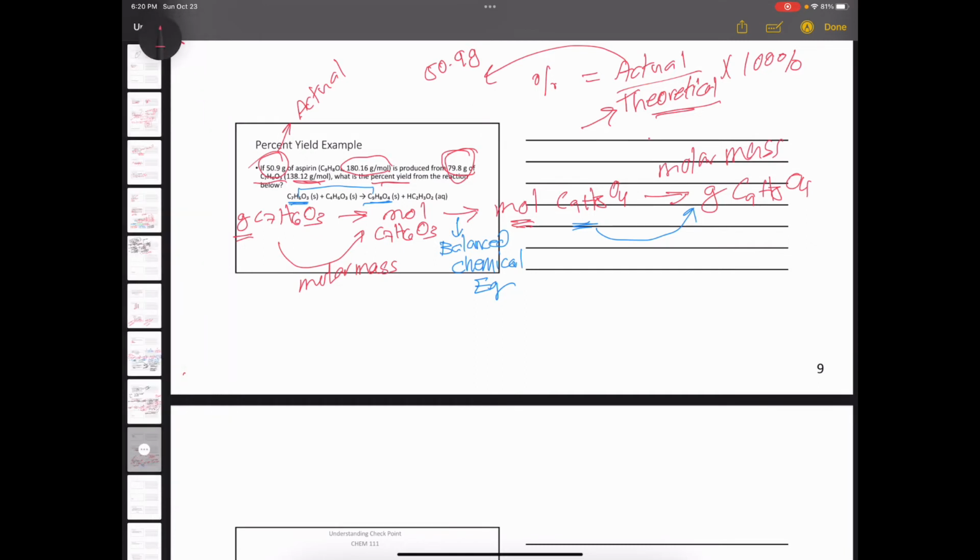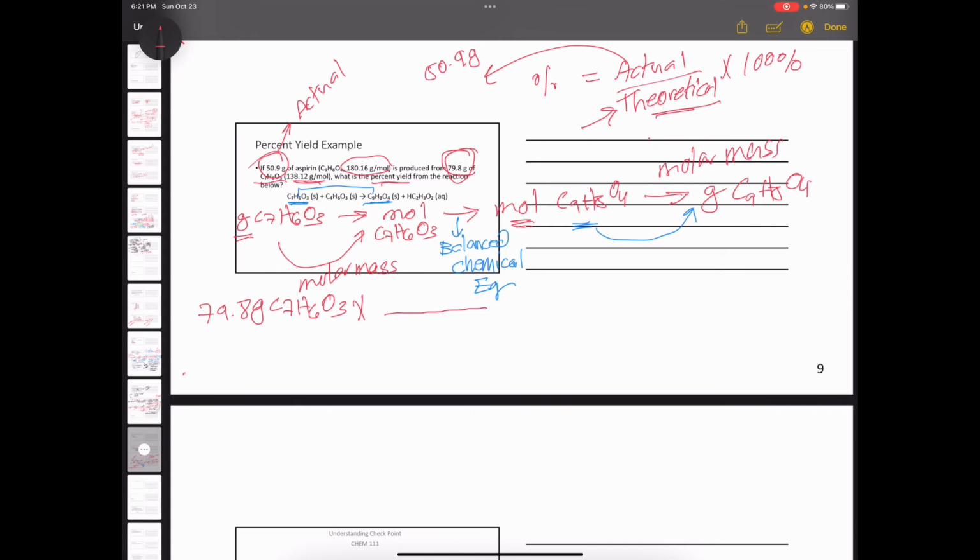All right, so let's try to put this in application. I'm starting with 79.8 grams of salicylic acid, C7H6O3. I'm going to convert that into moles of salicylic acid because my stoichiometric relation between aspirin and salicylic acid is based on the mole ratio. So I need to convert the grams into moles.